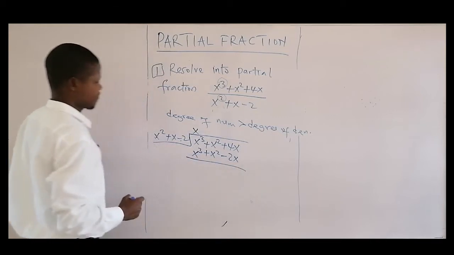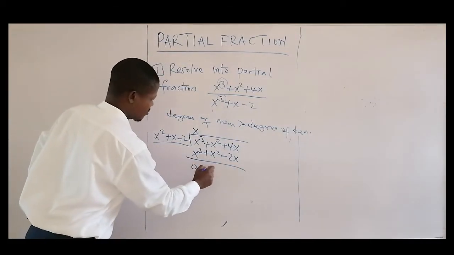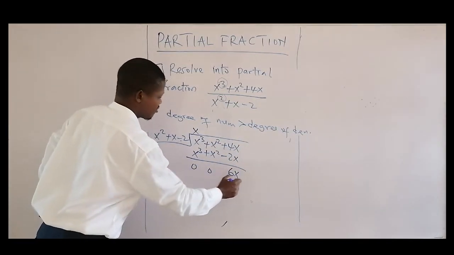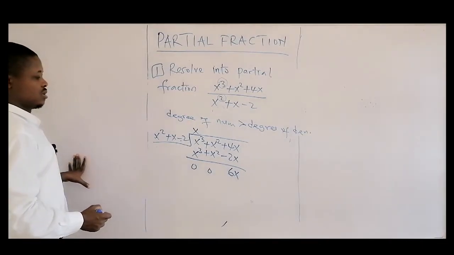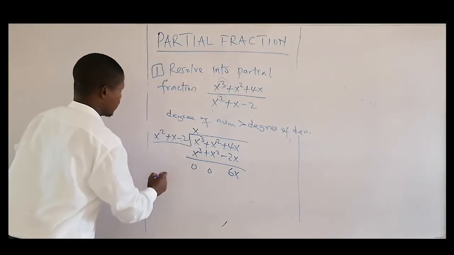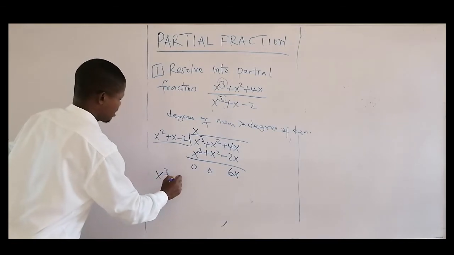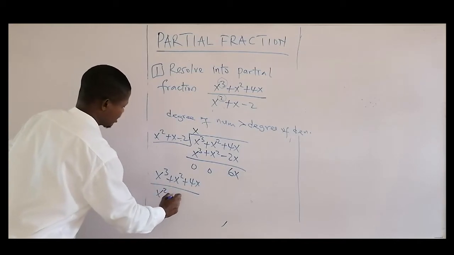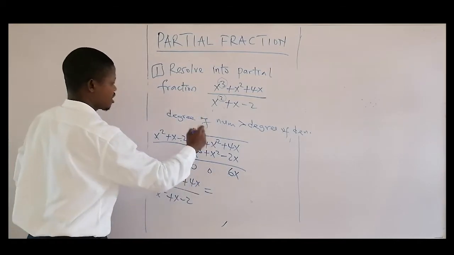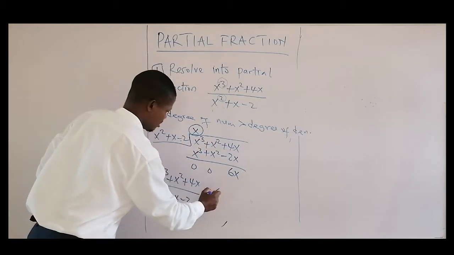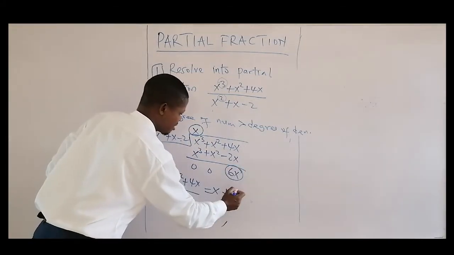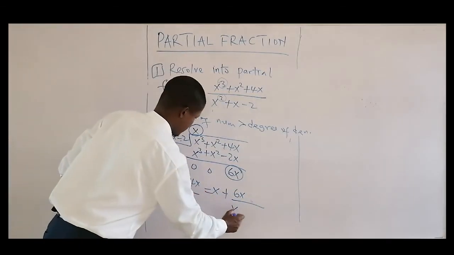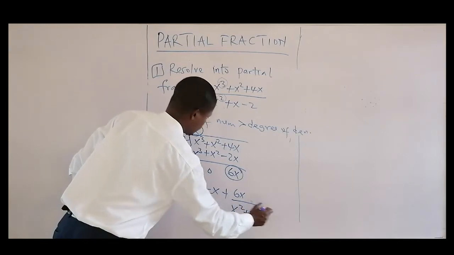Then you subtract, so this will be 0, 0, and this minus 2x gives 6x. Now you can see that your fraction, x cubed plus x squared plus 4x all over x squared plus x minus 2, is equal to your quotient, which is x, plus the remainder, which is 6x over the divisor x squared plus x minus 2.